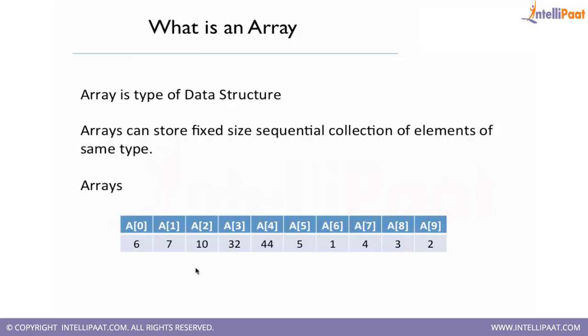All these are integers which are stored in continuous memory locations, and this is called an array. An array also has one more property, that it stores elements of the same type. So an array cannot have integer and float data types in a mixed fashion. You have to have only a single data type in an array.